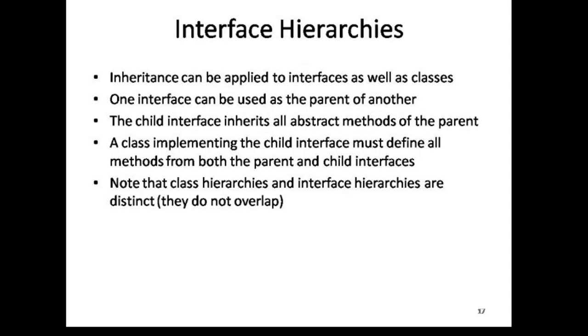Then suppose a class implements the derived interface. That class should have the method bodies of all the methods, both in the derived interface as well as the parent interface. Note that class hierarchies and interface hierarchies are distinct; they do not overlap.